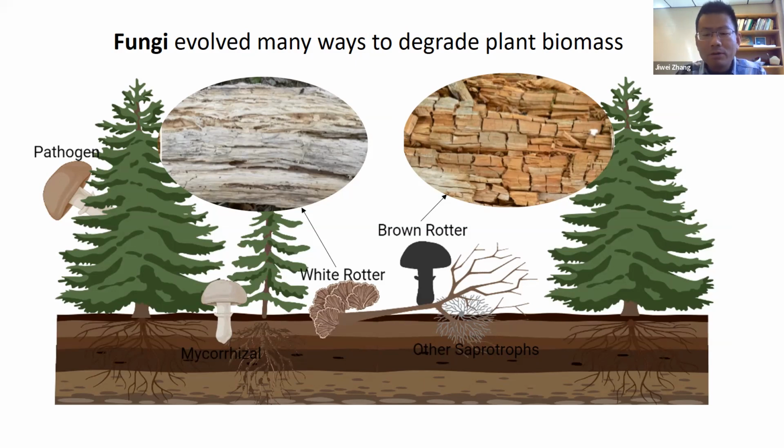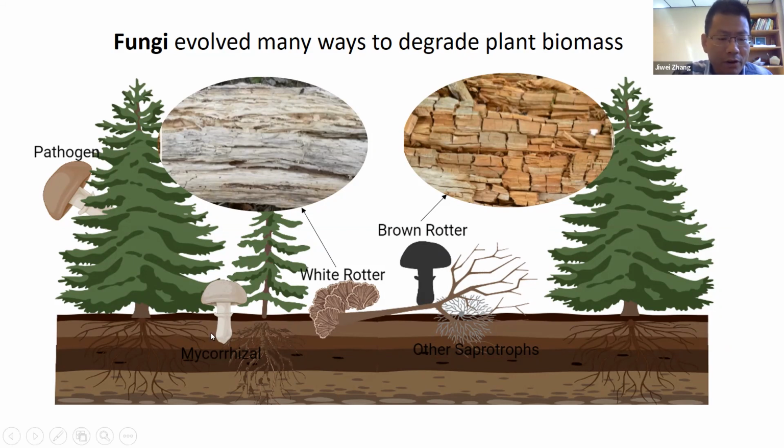Actually, most of the fungal parts are growing underground, right? They are in the form of mycelium, so you cannot see them. The parts you commonly see are the mushrooms or fruiting bodies, right? But the underground parts are the big parts that contribute to the nutrient cycling process.